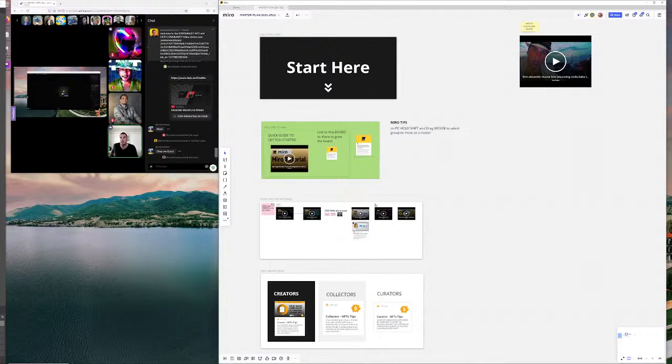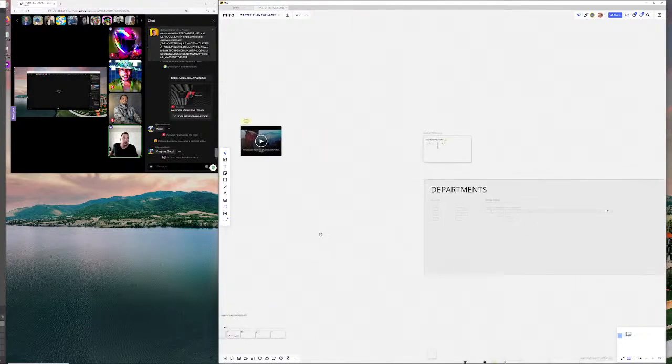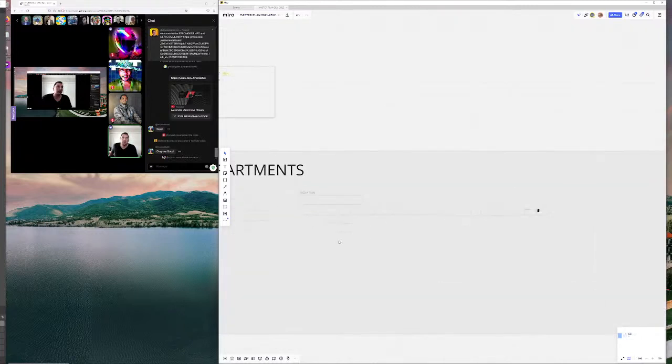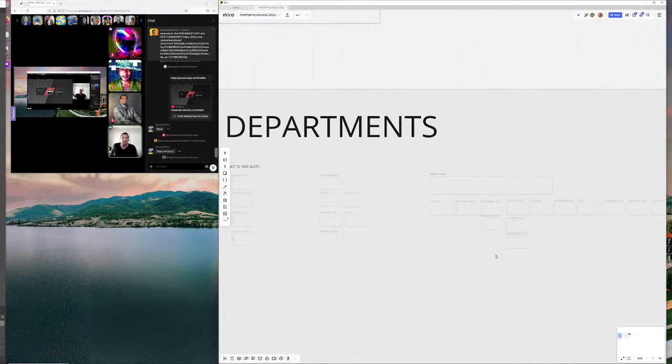So I've created different containers for different groups, we have different departments. So over here are all the different departments of people who can communicate and work together and have like little sniper teams.